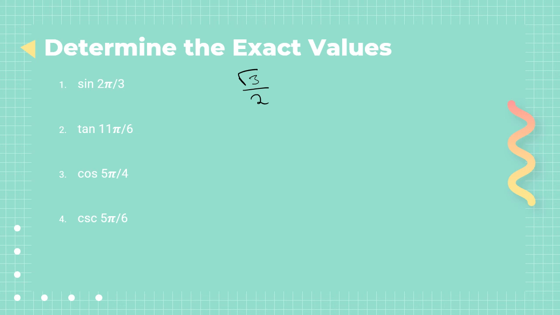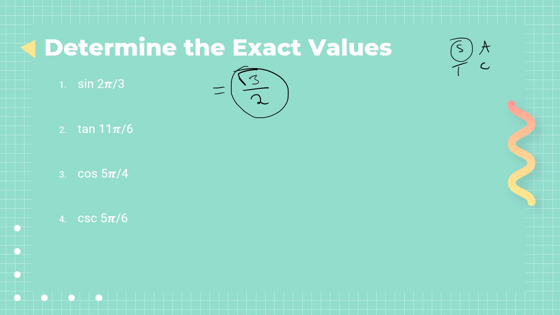So now that we know that it's root 3 over 2, we have to figure out if it's in the first, second, or third quadrant. We know this is in the second quadrant because the coefficient in the numerator is 1 less than the denominator. And according to the CAST rule, sine is positive there. So this is the answer.